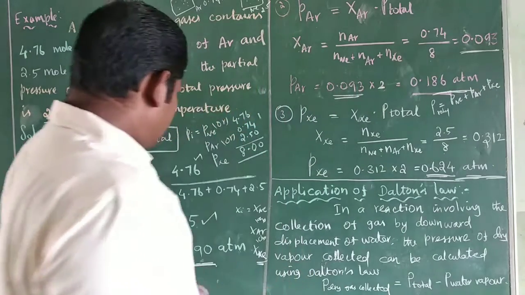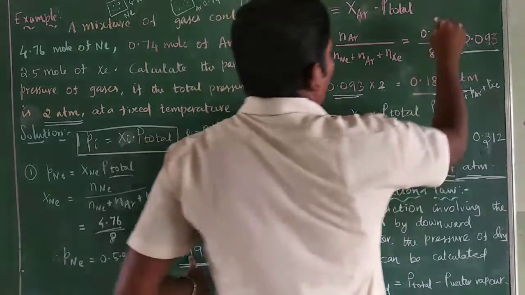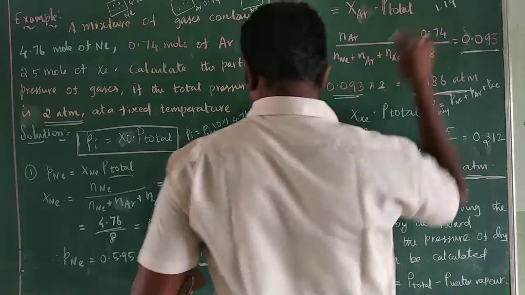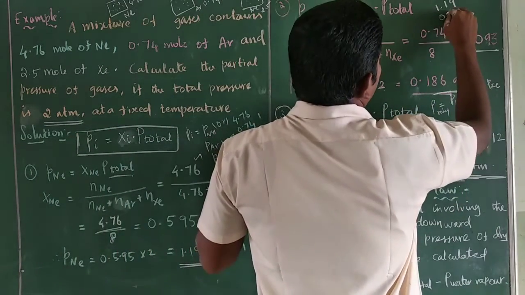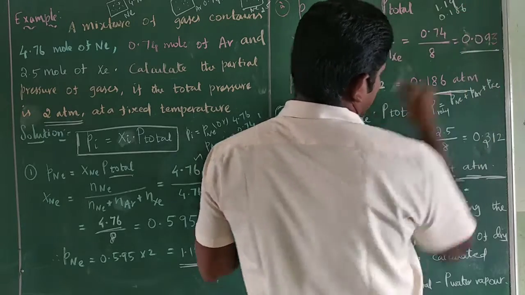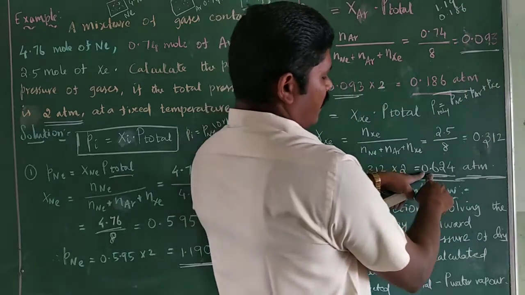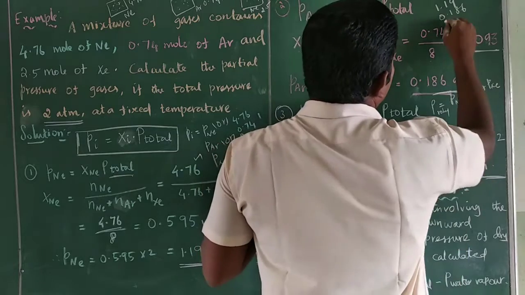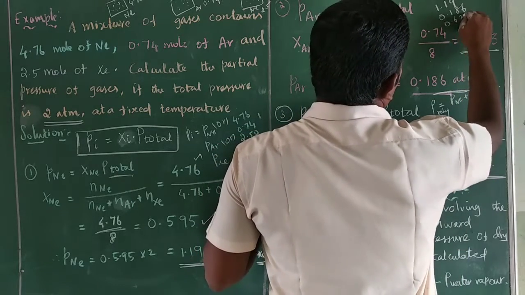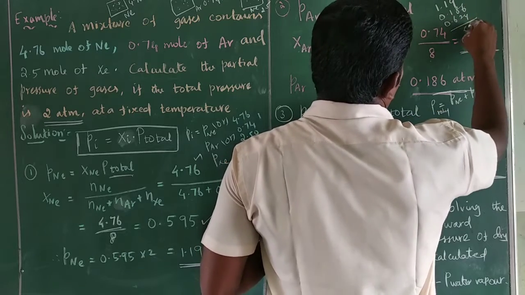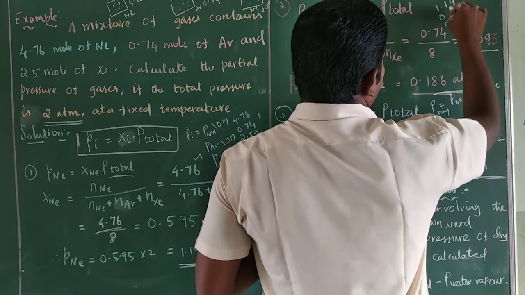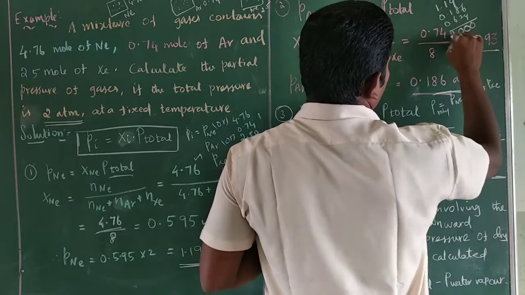The partial pressure of neon is 1.19, the partial pressure of argon is 0.186, and the partial pressure of xenon is 0.624.